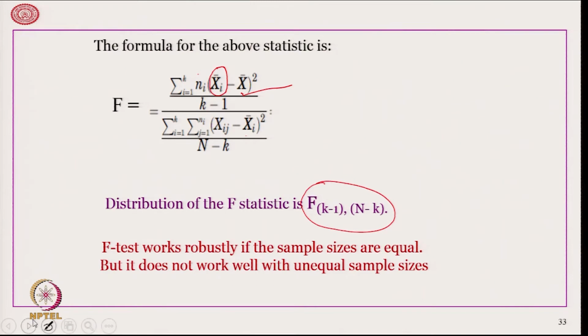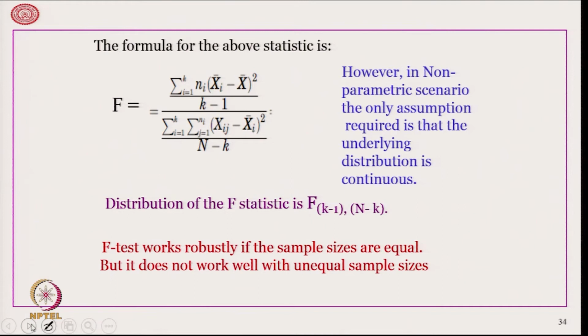That is one of the problems of the parametric setup on top of the normality. However, in the non-parametric scenario, the only assumption required is that the underlying distribution is continuous. That is one assumption that we have to make for non-parametric treatment of the above problem.